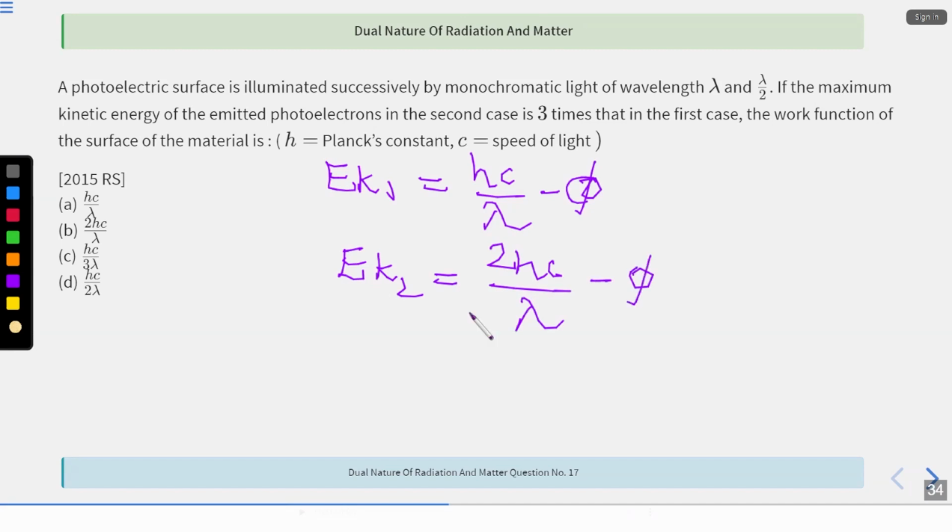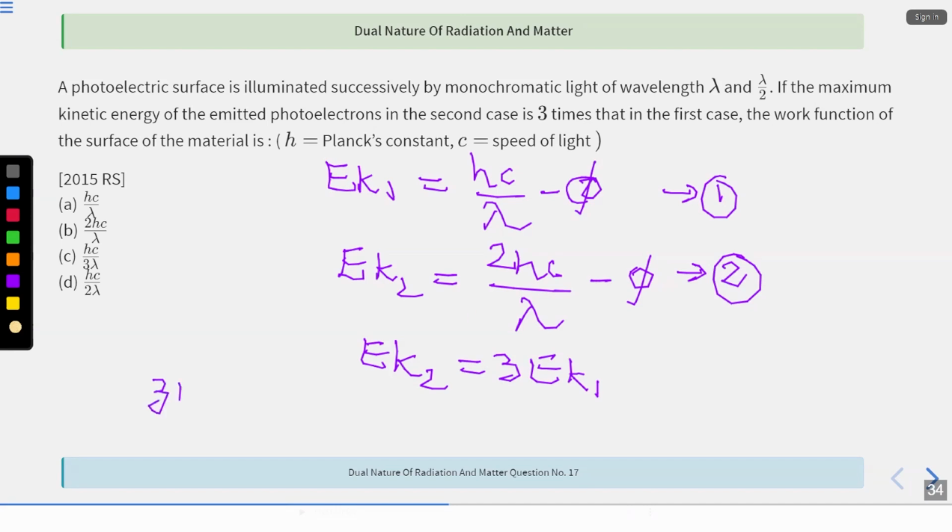Right? So from equation 1 and 2, you'll get it as EK2 is equal to 3 EK1, right? So I can write this further as EK2 is equal to 3 into hc by lambda minus phi, right?